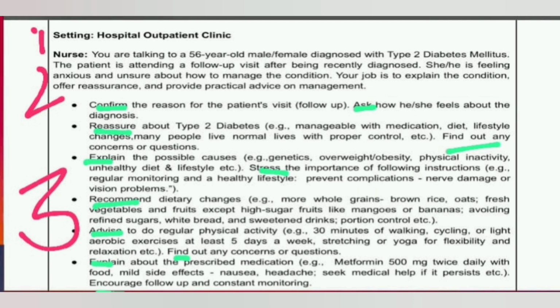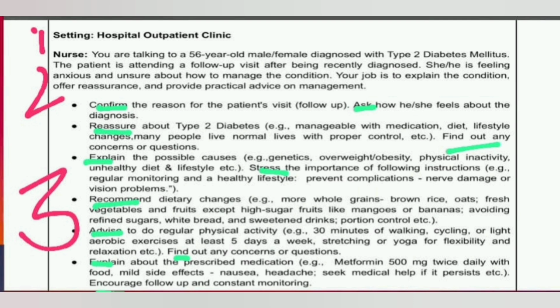So see, we have to reassure our patient. So we can say as a nurse, I totally understand that it is quite a daunting situation, but don't worry. I will reassure you that it is a manageable condition with medication and with your diet along with lifestyle modification.